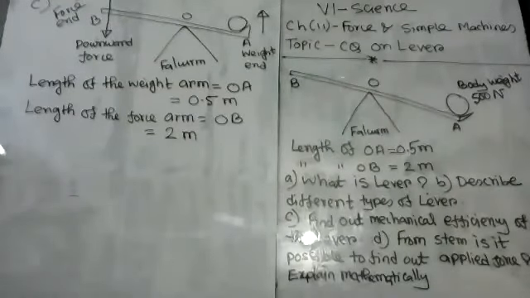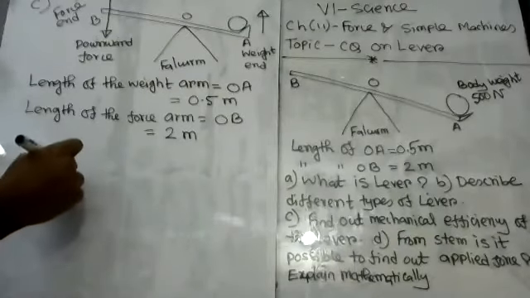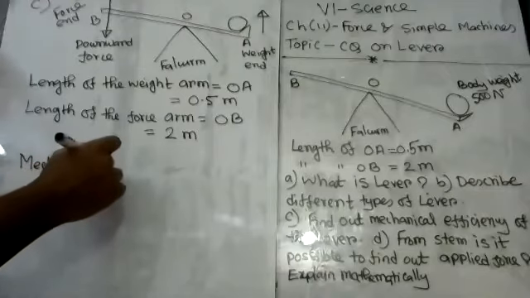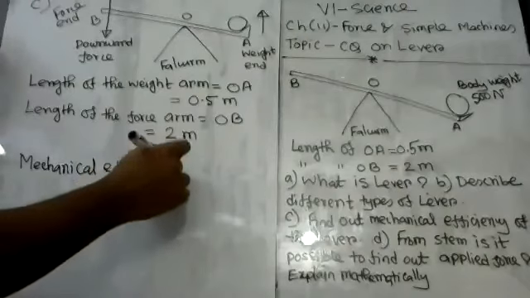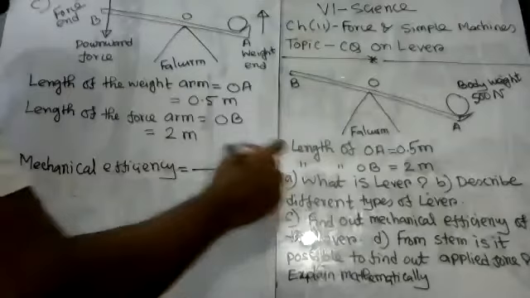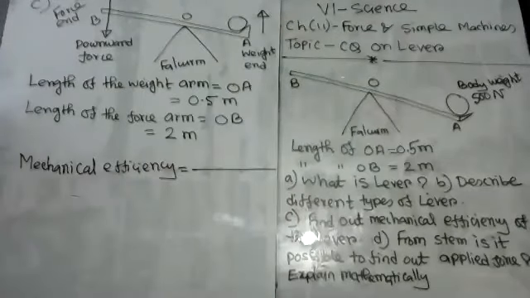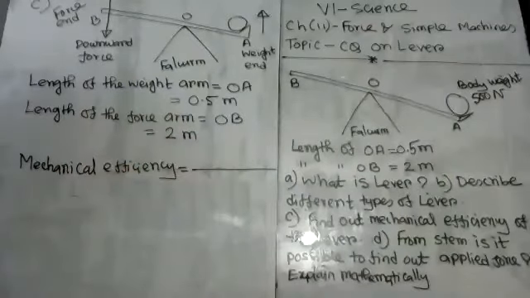Then, from the stem, it says to find out the mechanical efficiency of this lever. So you can say that mechanical efficiency will equal, at first the numerator, length of the force arm divided by length of the load arm or length of the weight arm.